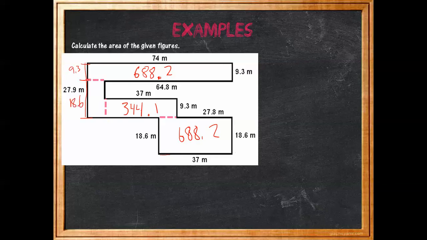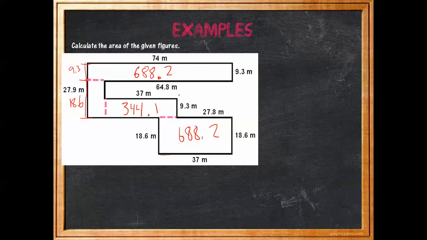And to find this little segment right here, I know this whole segment is 74, and this little segment right here is 64.8.